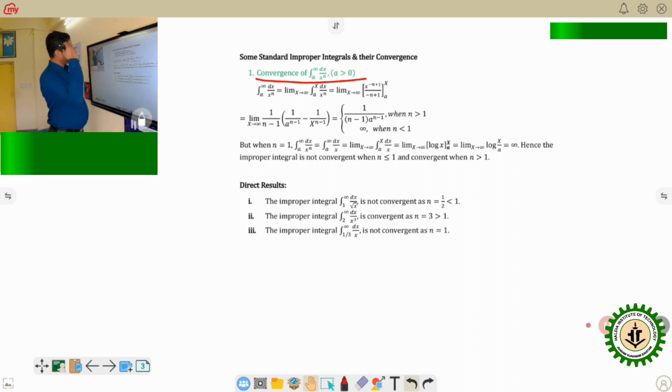Just like we have discussed in the theory, we'll rewrite the integral in the form limit X goes to infinity, integral from a to capital X of dx by x to the power n. And if we integrate it, we get limit X goes to infinity of x to the power minus n plus 1 by minus n plus 1 with the limit a to X.